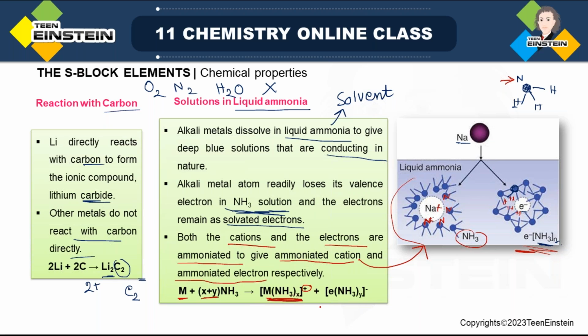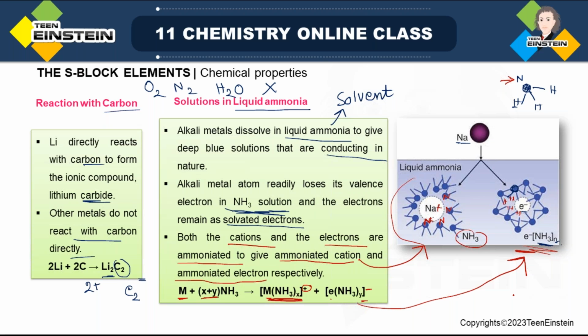This whole term is within the bracket, and outside there is a positive charge. And this single electron which we are getting from sodium after loss of electron, is now surrounded by y number of ammonia molecules, and the negative charge is mentioned outside the bracket. So this is the ammoniated electron.